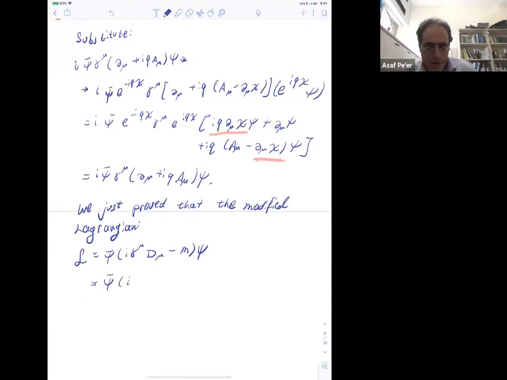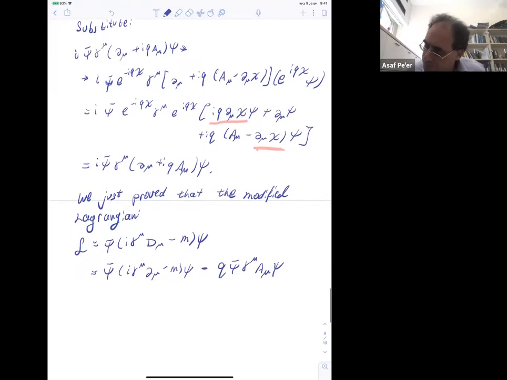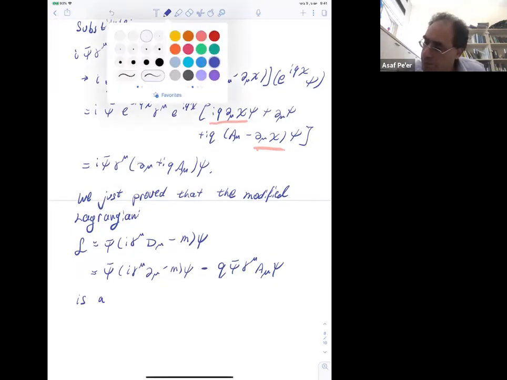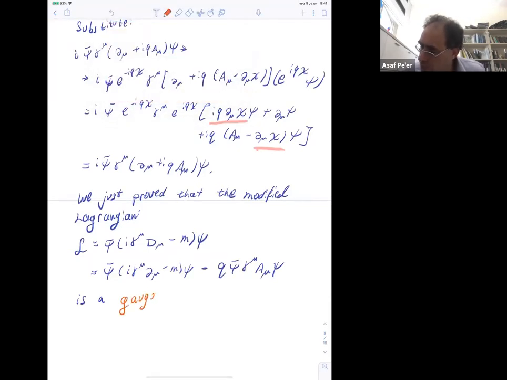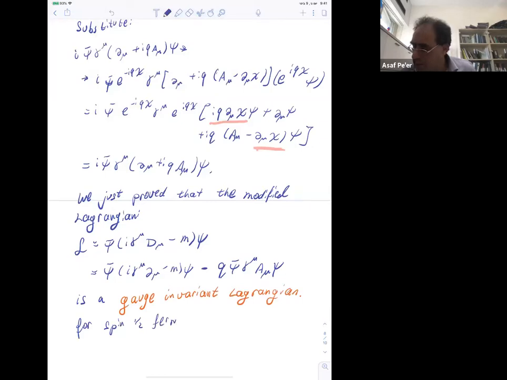Psi bar i gamma mu d mu minus m psi minus q psi bar gamma mu A mu psi, is a gauge invariant Lagrangian for spin half fermions, of course, under local U1 gauge transformation.